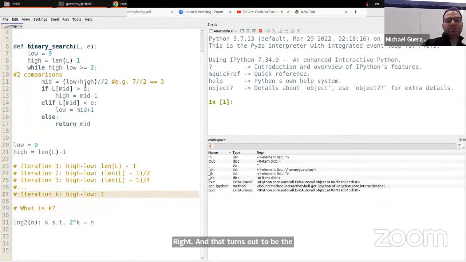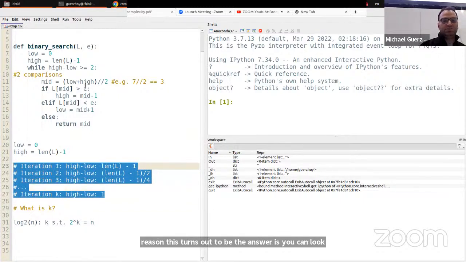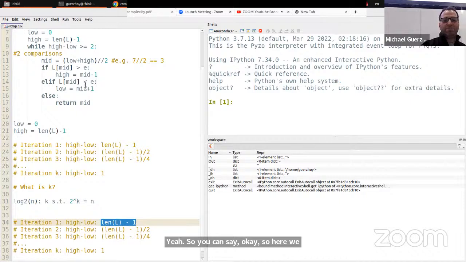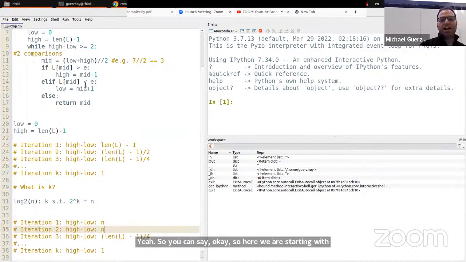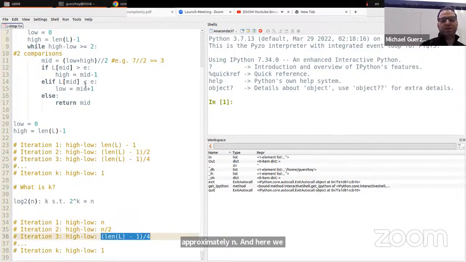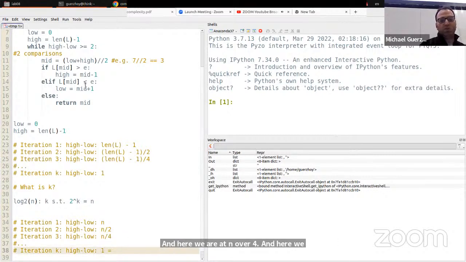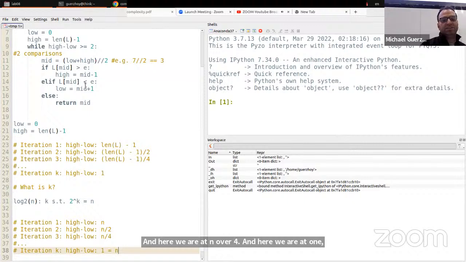The reason this turns out to be the answer is you can look at it like this. Here we're starting with approximately n. And here we are at approximately n over 2. And here we are at n over 4. And here we are at 1, which is equal to n divided by 2 to the k.